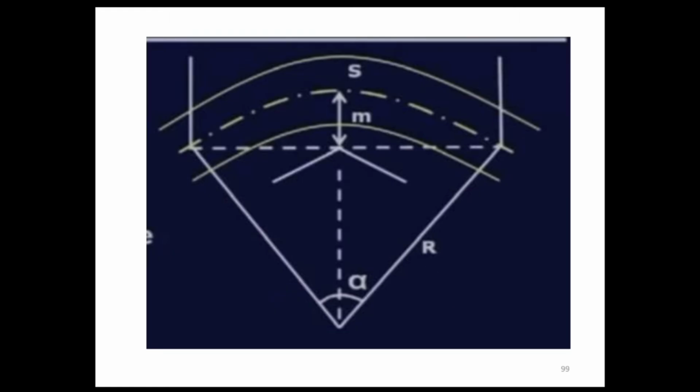As you can see from the figure, M is the setback distance with the angle made alpha by the circular curve.